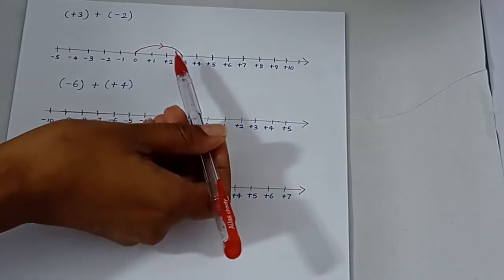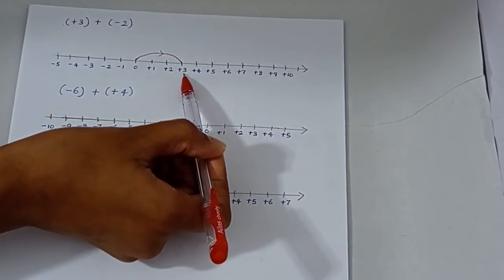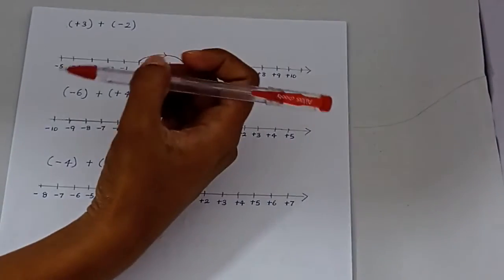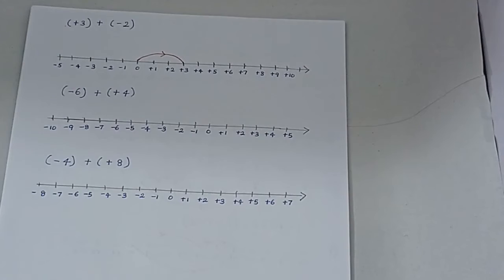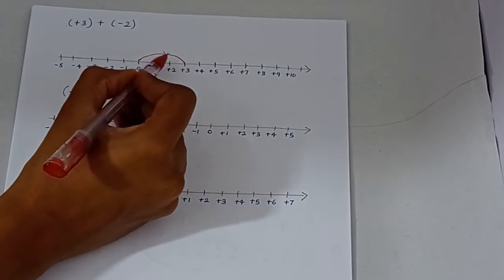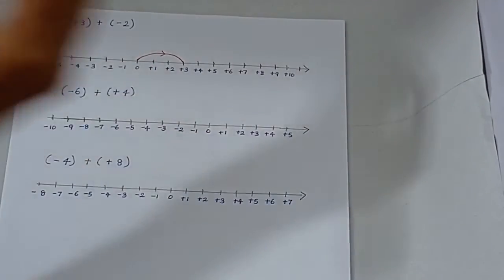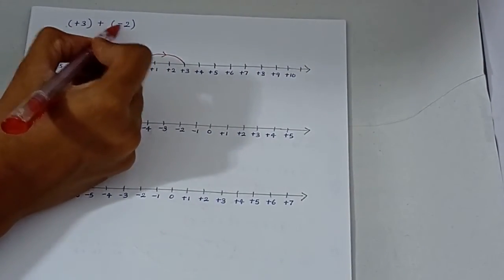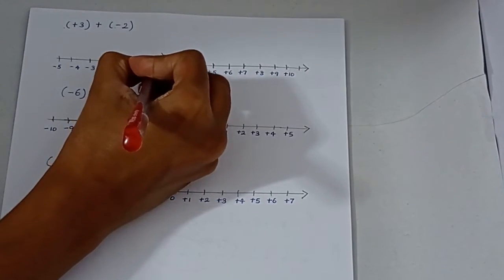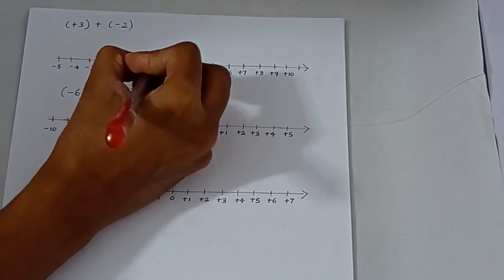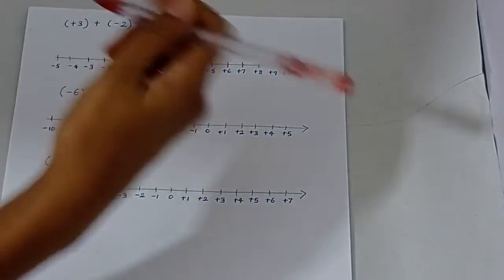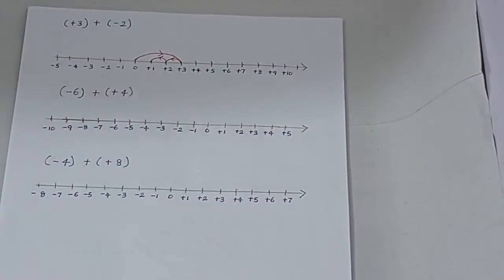That means from positive 3, you have to move 2 places towards your negative direction. Okay, from positive 3, 2 places to negative direction. Why is that? It is negative 2. Then 1 and 2. Don't forget to mention the direction using arrows, that is towards your negative.